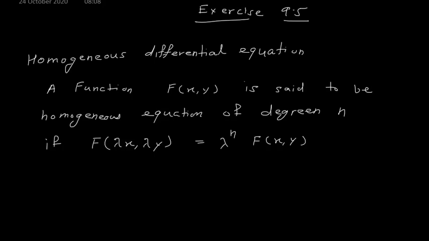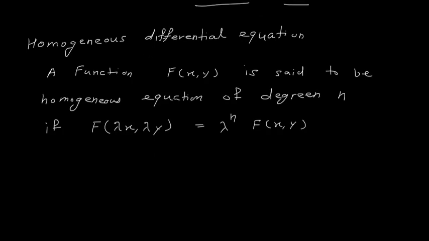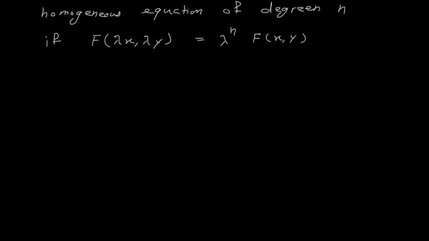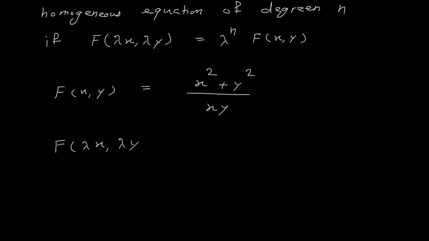Okay, now let us understand this with some examples. Let us take f(x, y) as (x square plus y square) upon xy. So what will be f of lambda x comma lambda y?